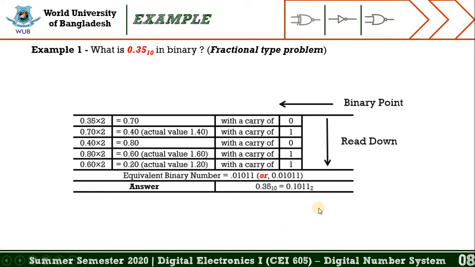So that's why we write here the equivalent binary number is 0.01011, and the equivalent binary number of the given decimal number is 0.1011. I hope you understand this solution of the given problem. So let's move into the next slide.